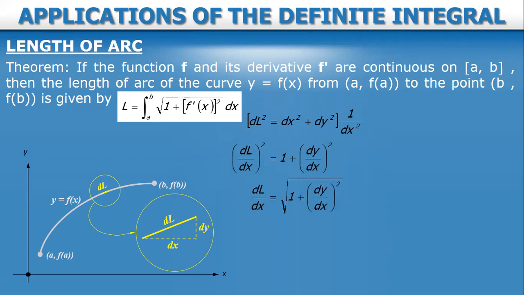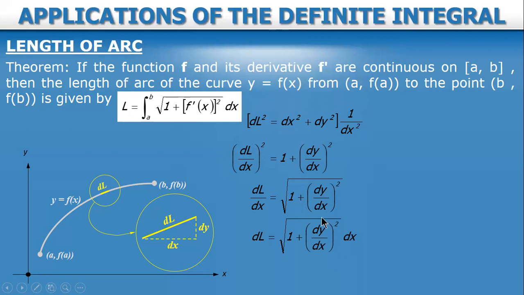Then cross multiply dx to the right side. This is the result. And dy over dx is the first derivative of y, or simply f prime of x.